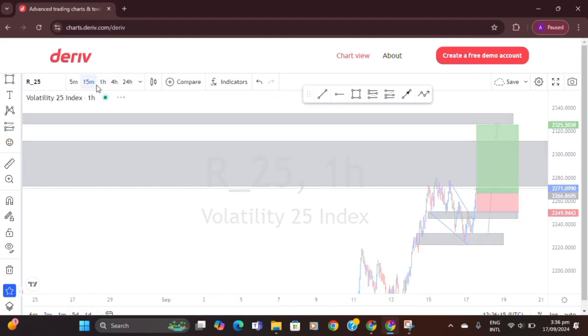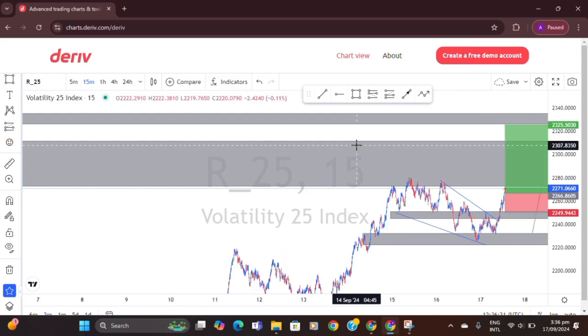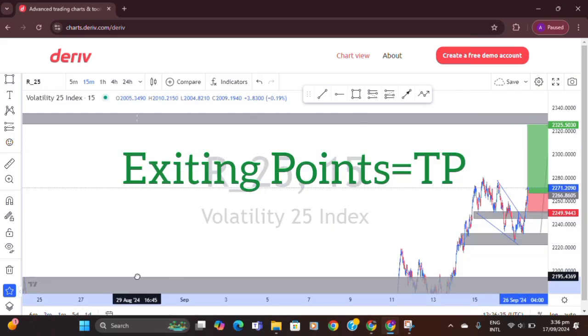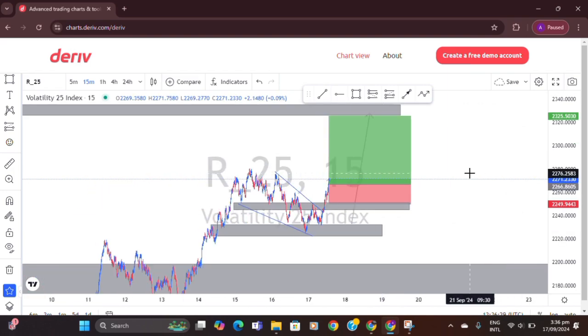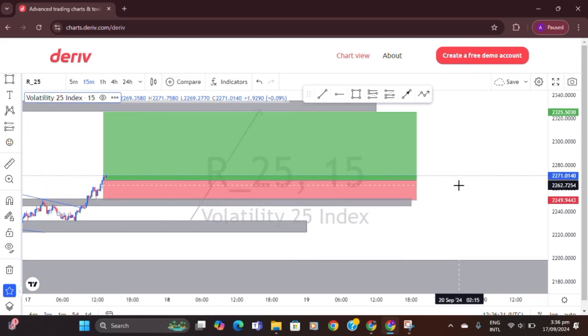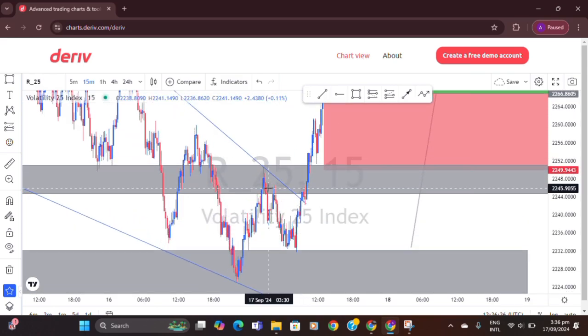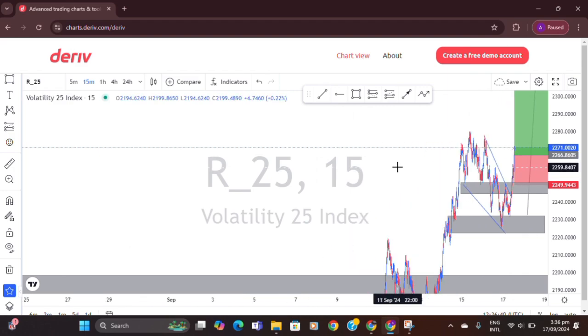So now I'll be going on the 15-minute time frame to look for exit points, further exit points from here. So let me just lower that. Me zooming in, you can all see that there are not many major resistance levels, right?